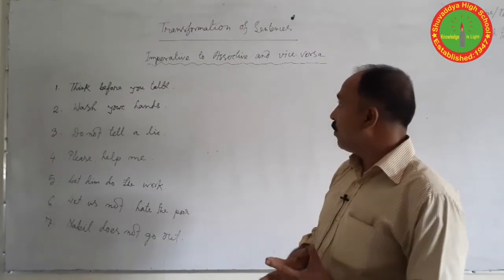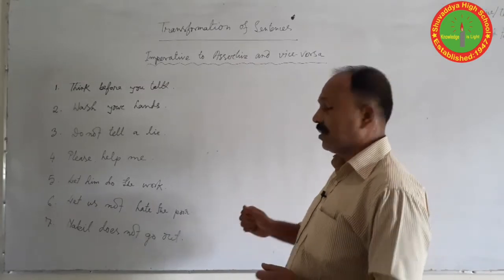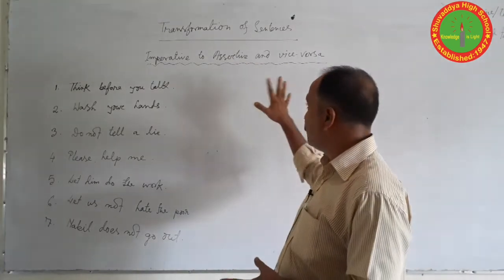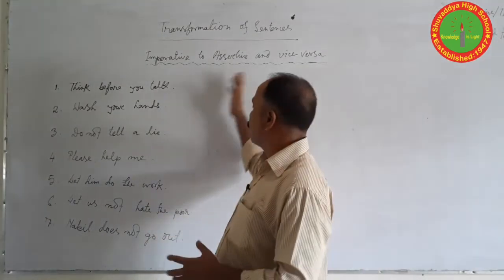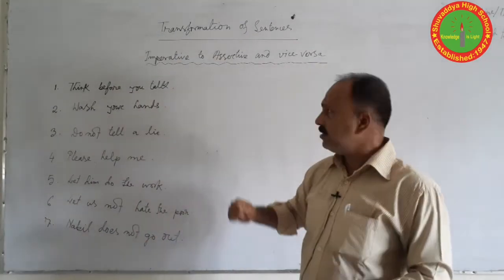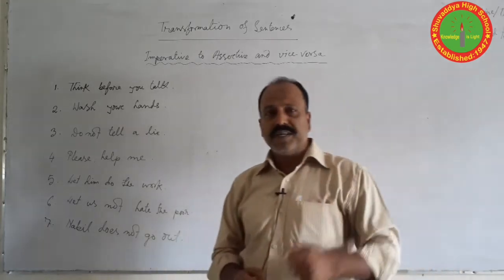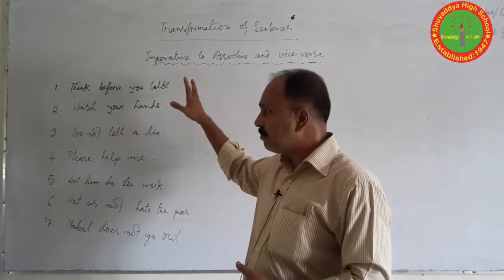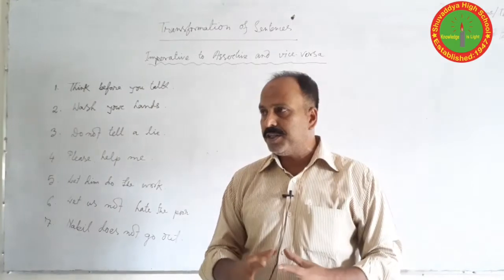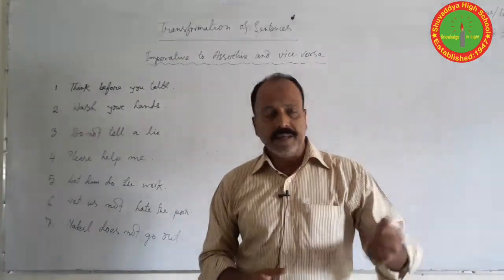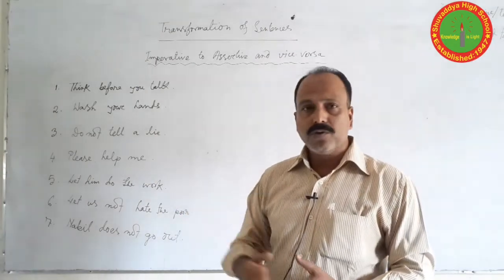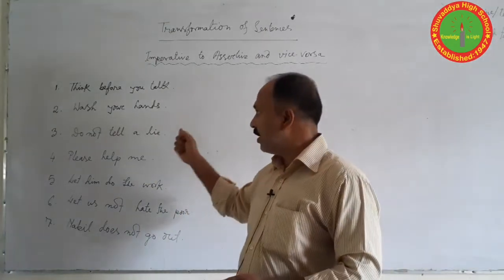Now we can also know them by the structure of these sentences. An imperative sentence is quite different from the rest of the sentences. An imperative sentence begins with the main verb or finite verb. If the sentence is negative, then it starts with don't or never, then the main verb.